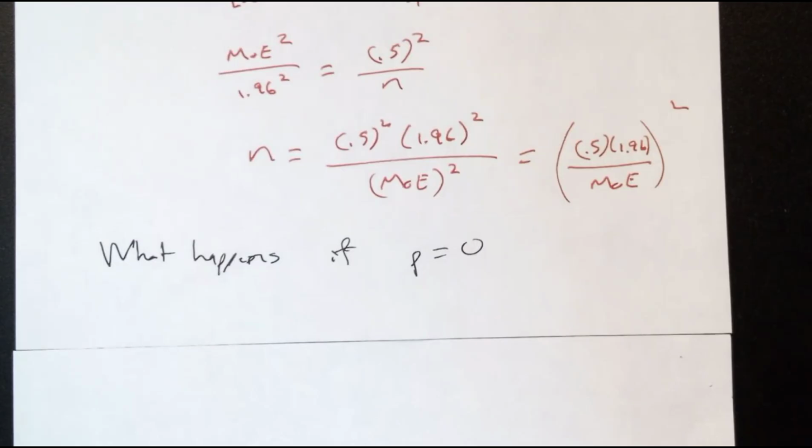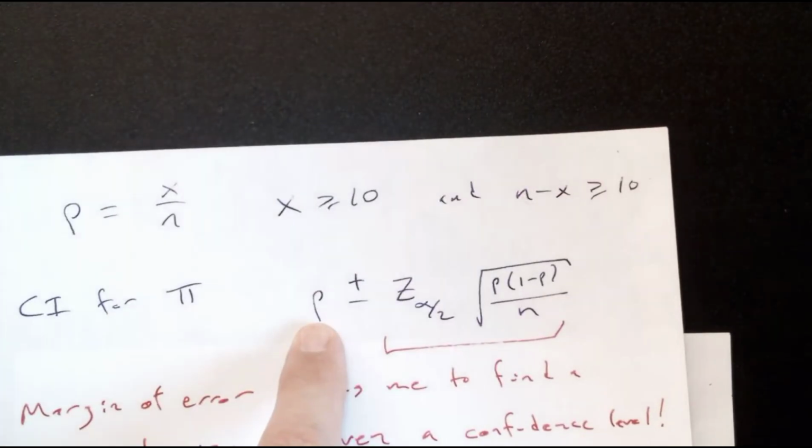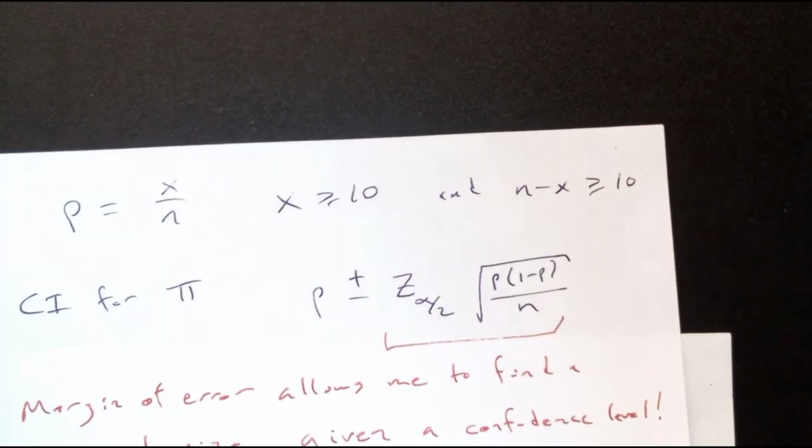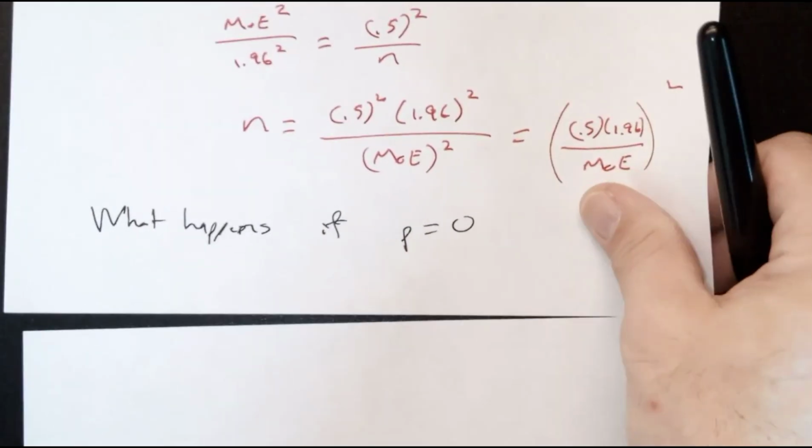You did an experiment and the thing you were trying to see happen didn't. Well, now I've got a problem because my margin of error idea and my rules all break. Because everything in this formula was based on p, and if this is 0 and this is 0, then this whole thing is going to be 0. That means that this is a problem.